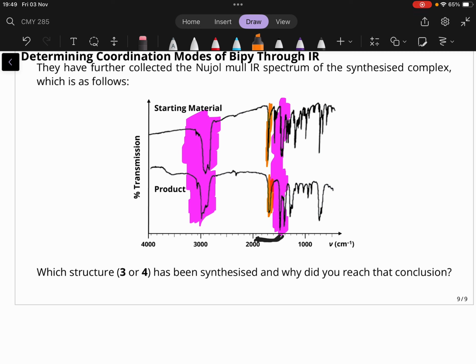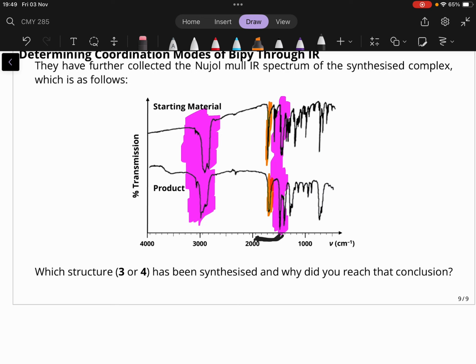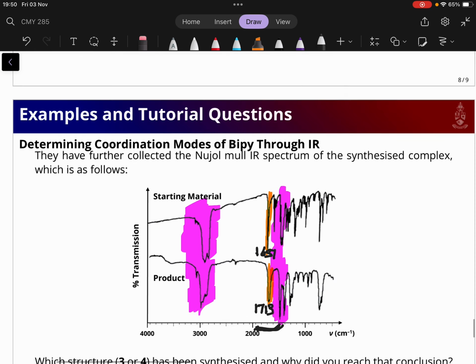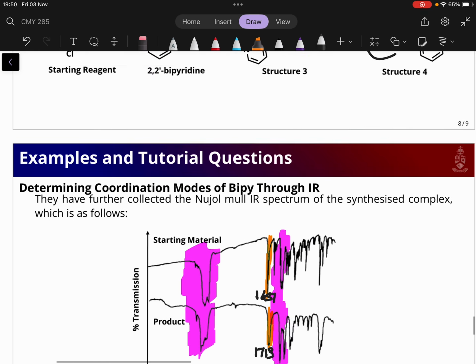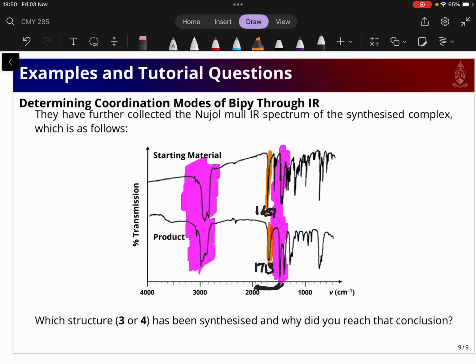Now, the important thing here is if you actually look at where they are, the peak at the bottom is at 1713. The peak at the top is at 1651. So in other words, the bottom one, the product, gives a shift upwards in the spectrum.